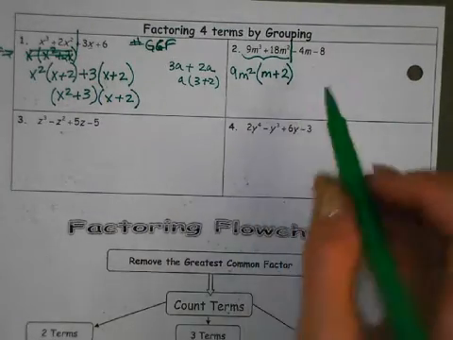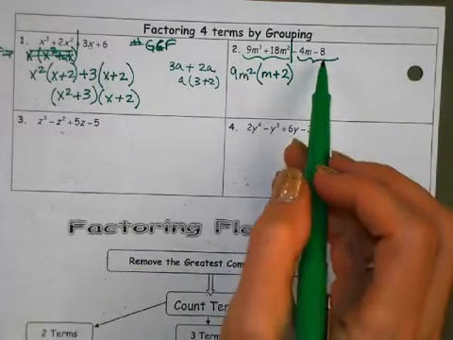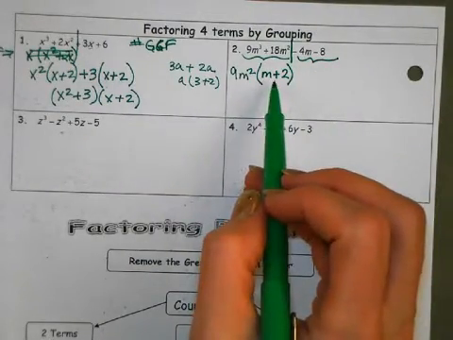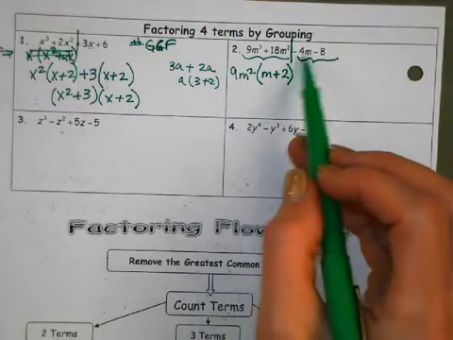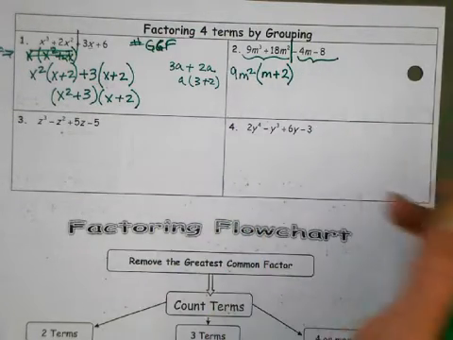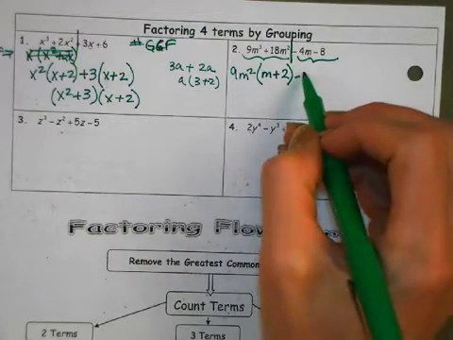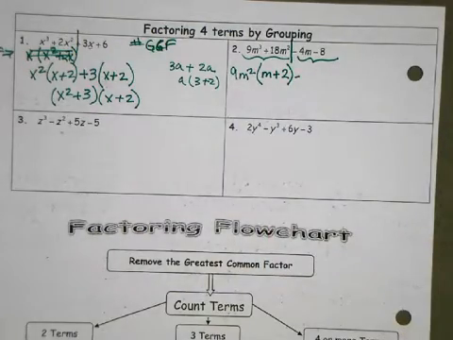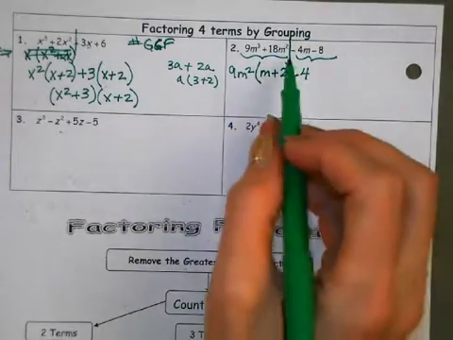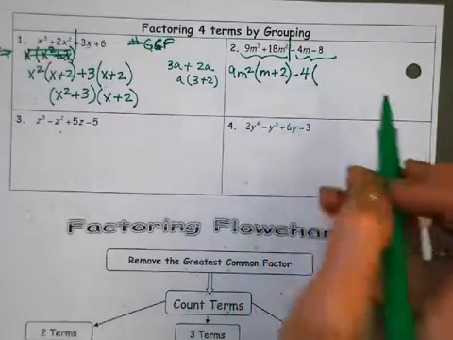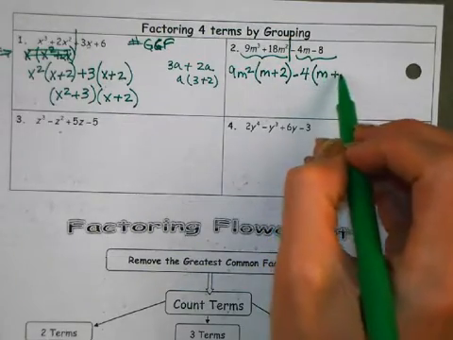Alright, so now, notice how this side right here, I kind of think I need it to be m plus 2 in the parentheses, don't I? Right, that's my hint. What would I need to pull out of this so that m plus 2 is left over? A negative 2. Oh, no, maybe something more than that. Negative 4. If I pull out a negative 4, what am I left with? m plus 2.